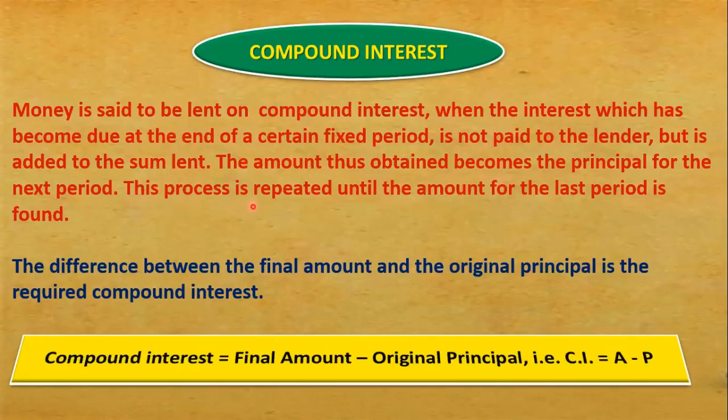This process is repeated until the amount for the last period is found. The difference between the final amount and the original principal is the required compound interest. So compound interest is equal to final amount minus original principal, that is CI is equal to A minus P.